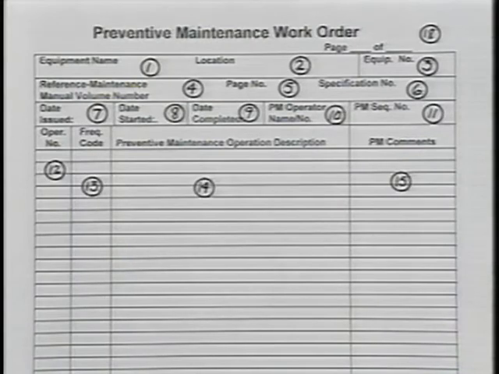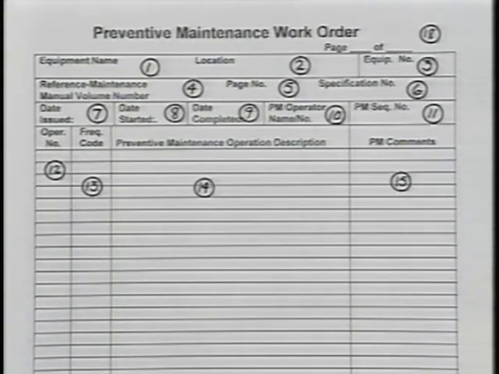Now in the upper right hand corner, we have page number 1 of 1 or 1 of 2. It depends upon how many pages are actually required to itemize all of the steps or the sequences, or in this case, the operations that are required for a particular PM work order.